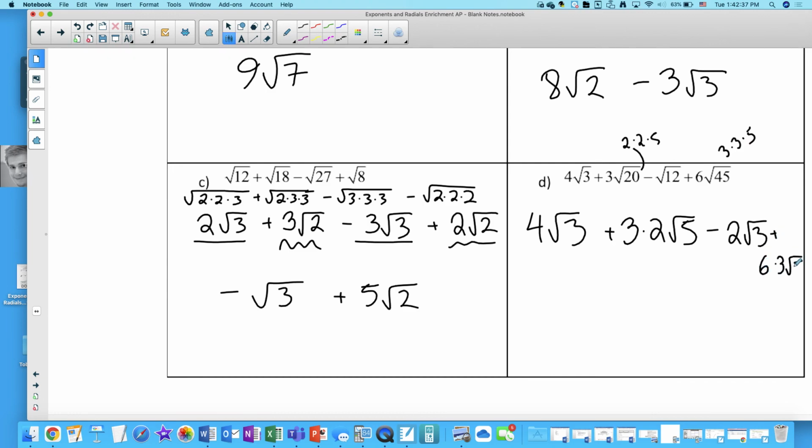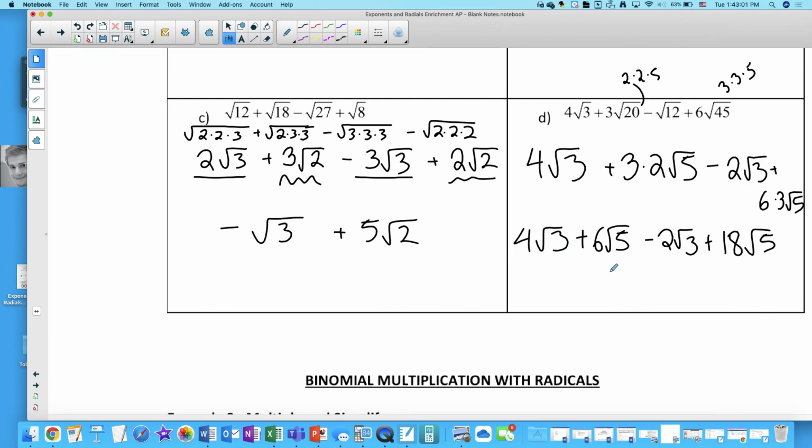Okay, so what I have is 4 root 3 plus 6 root 5 minus 2 root 3 plus 18 root 5. Okay, and then all together, I have 2 root 3s plus 24 root 5s.